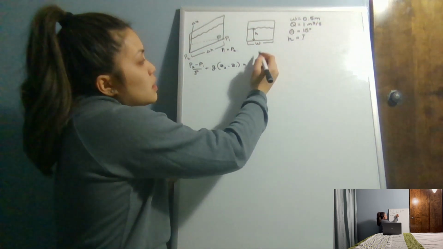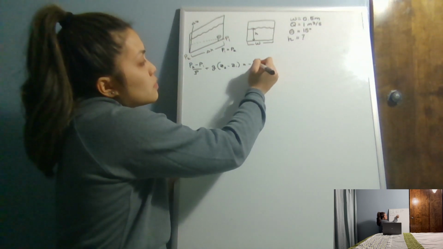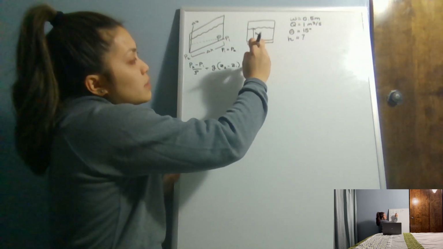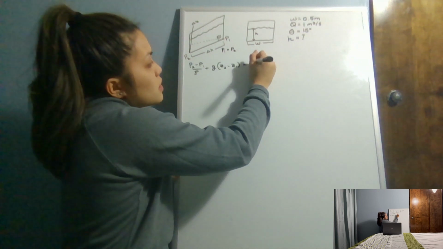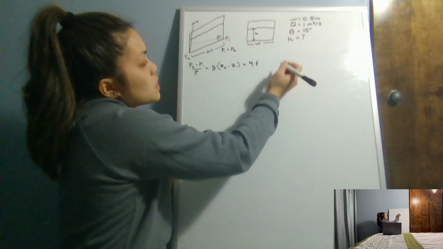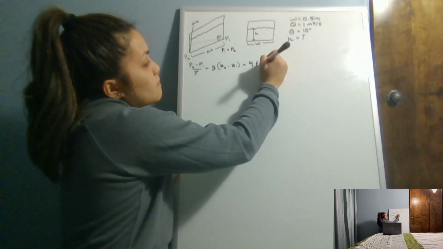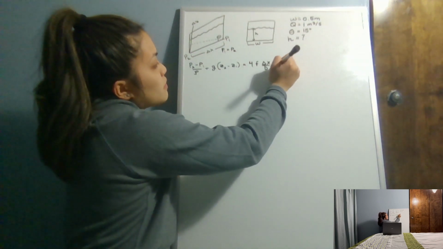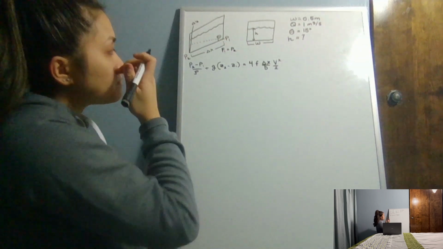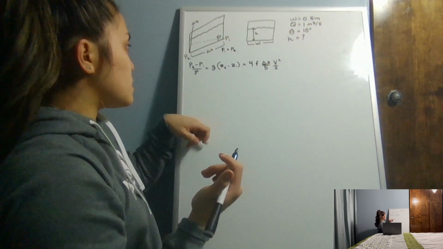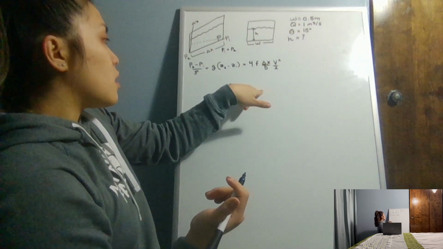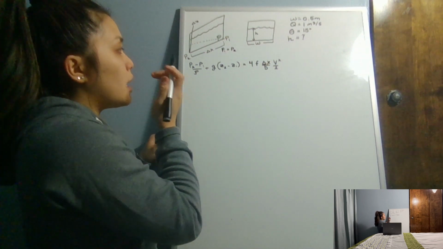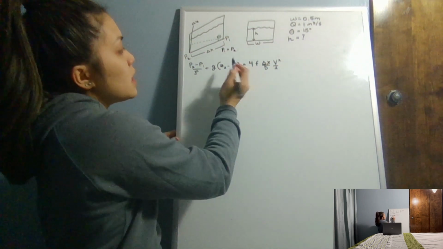Normally it would be negative, but in a previous video we defined that as 4 times the friction factor times the change in position divided by the diameter times the velocity squared divided by 2.